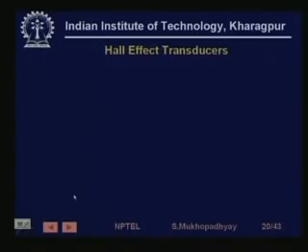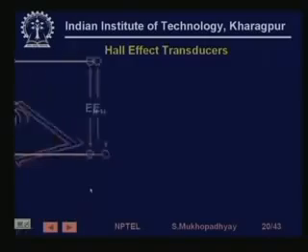And now we come to Hall effect transducers. These transducers are used quite a lot, especially in motor applications. As we will see later when we study drives, for some motors, for example a class of motors called brushless DC motors, you need to know the rotor position for their drives.